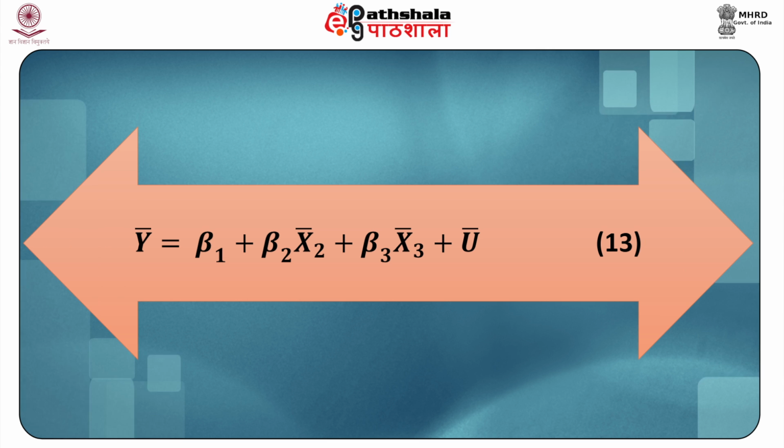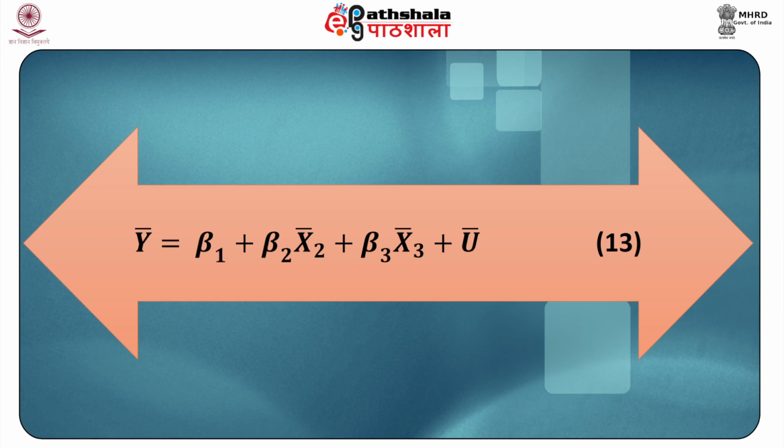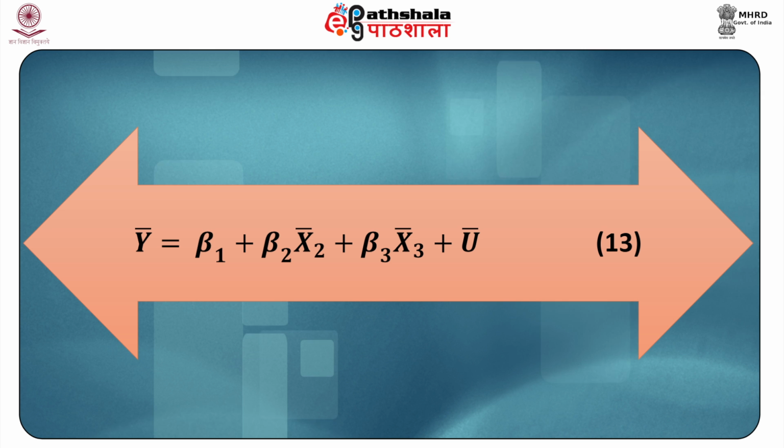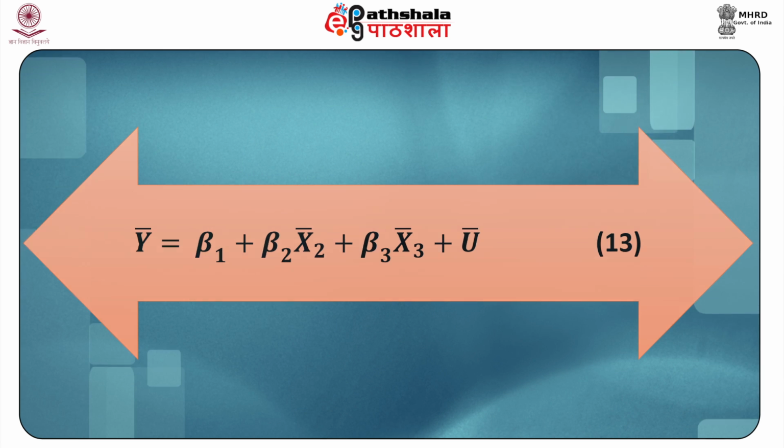but for simplicity we can transform them into deviations from mean and express them in lowercase letters. Now taking the mean in this equation, we get y bar equal to beta 1 plus beta 2 x2 bar plus beta 3 x3 bar plus mu bar, which is our equation 13.